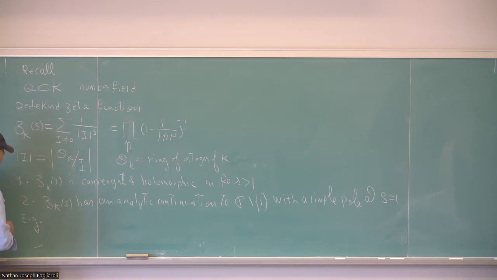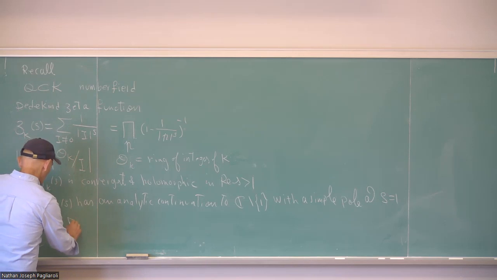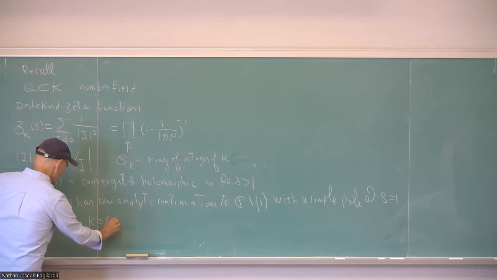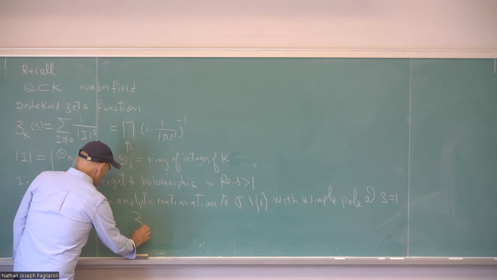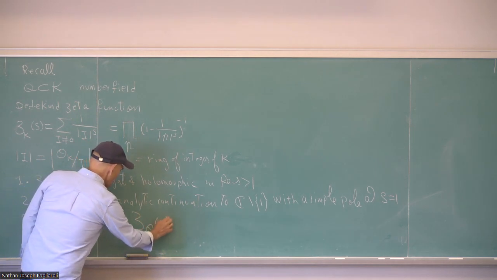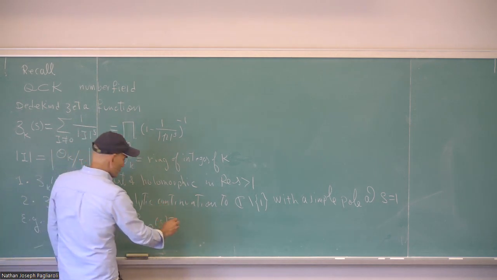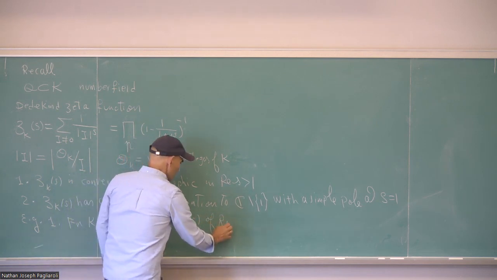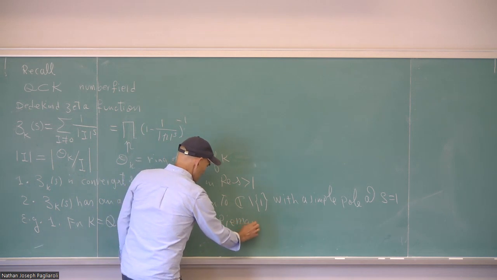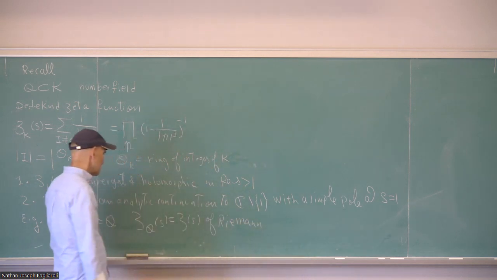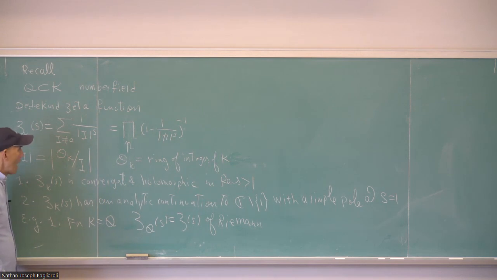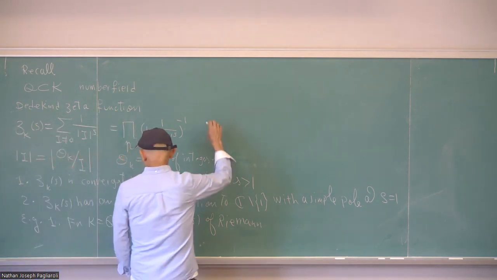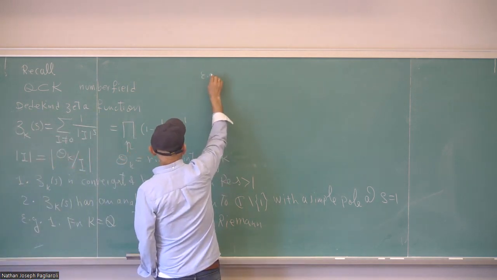So example 1 would be K equal to Q. This zeta_Q of s is the Riemann zeta function. That's one thing, right?